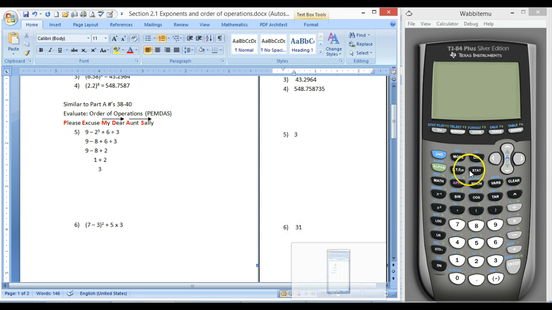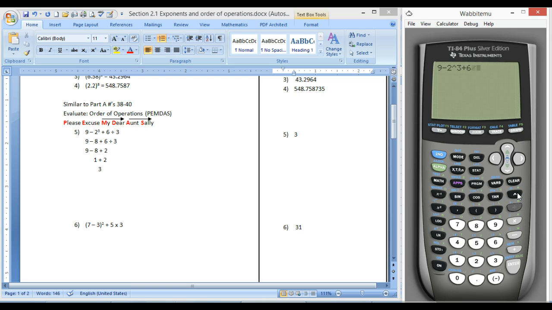Okay, now like I mentioned before, your graphing calculator, if you want to use one, and also Excel will both go through the order of operations by typing it in. Now, I kind of think it's a little bit of cheating, so I say use this as a checking method. Okay, so I'm going to clear this out and type in 9 minus 2 raised to the third power, or caret 3, plus 6.